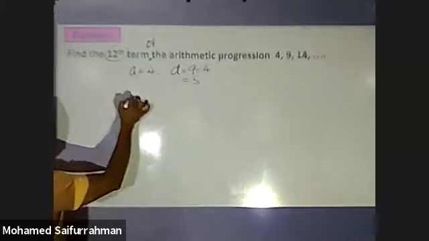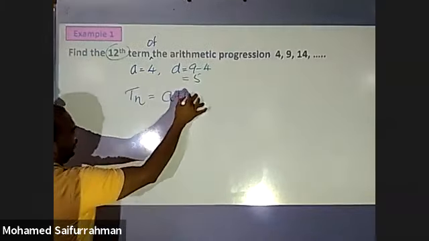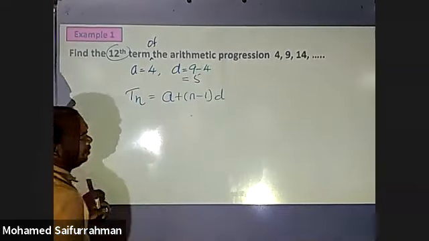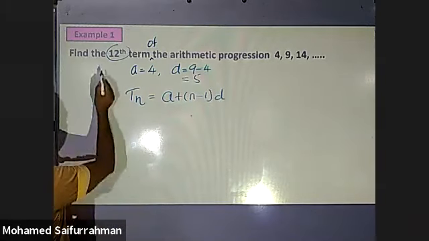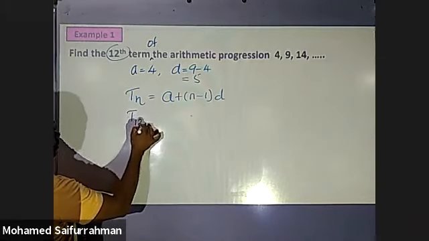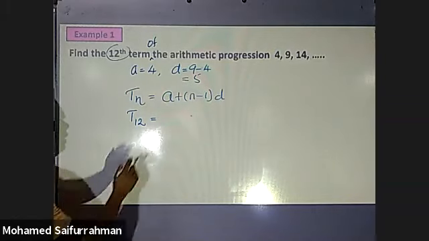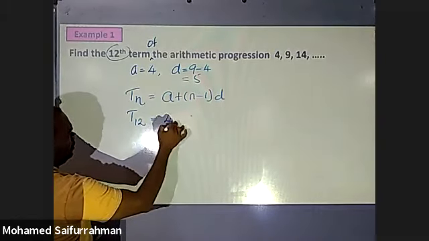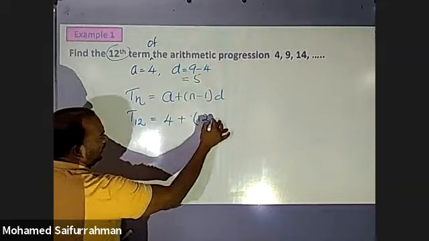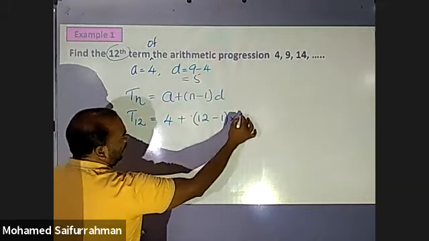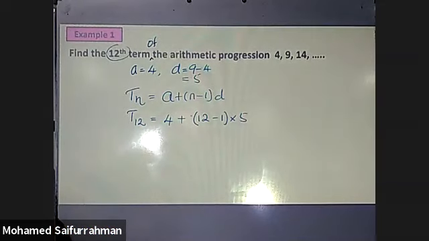To find any term, the equation is Tn equals A plus n minus 1 times D. For the 12th term, T12 equals A, which is 4, plus 12 minus 1 times D, which is 5. 4 plus 12 minus 1 times 5.